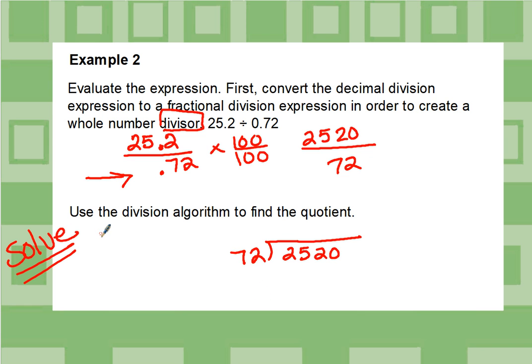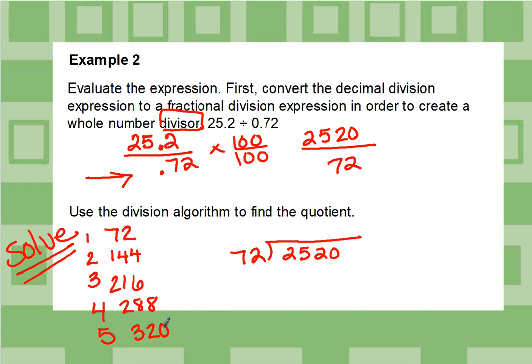Off to the side, let's go ahead and count by 72. There's my 1 is 72. 2 times 72 is 144. 3 times 72 is 216. 4 is 288. 5 is 320.